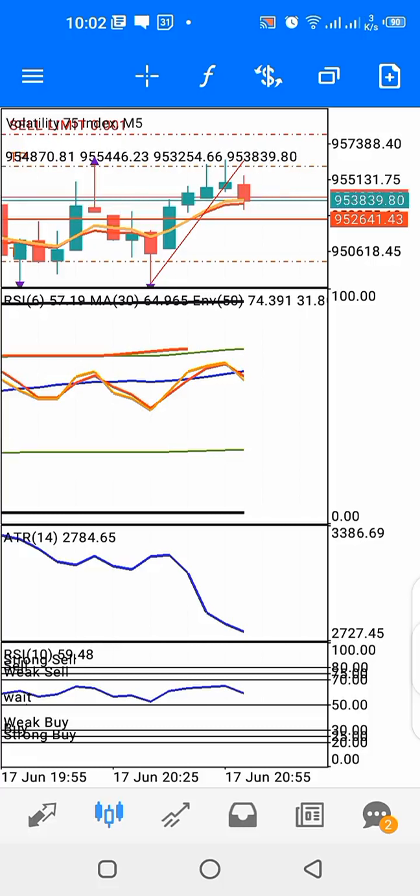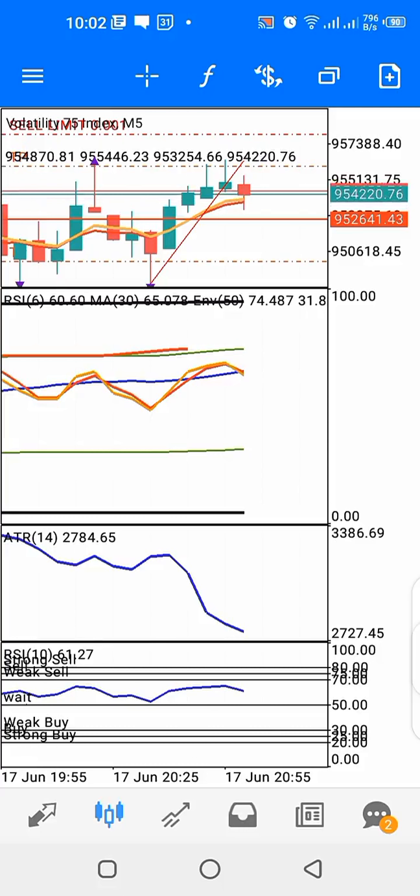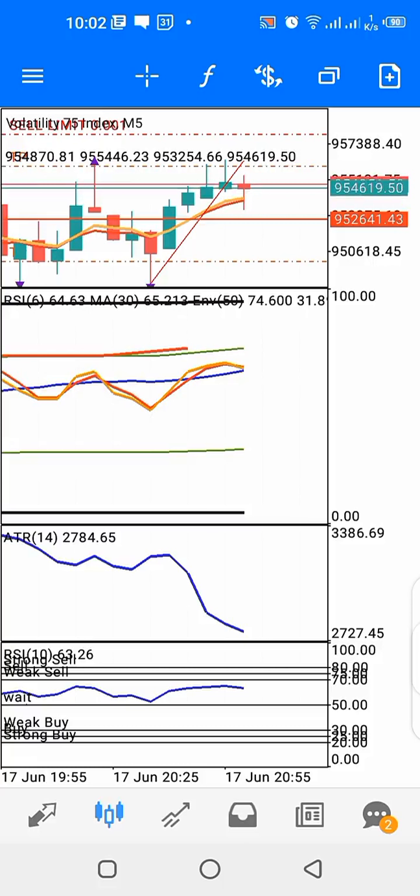So if I place a sell trade, now I will have a running trade. What I will do is to hedge that running sell trade, which is to place a buy stop order, expecting that price will continue to sell. But if price turns away from the running sell trade, there's possibility that it will trigger my buy stop order, and that buy stop order is going to be 3 times the lot size of my running sell order.